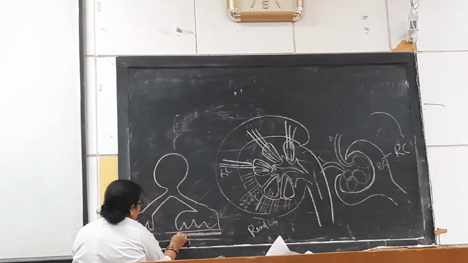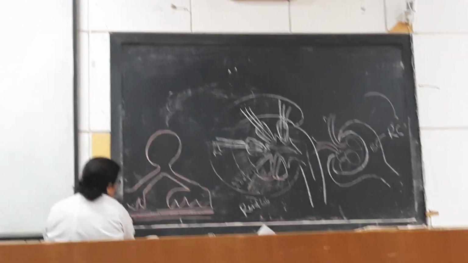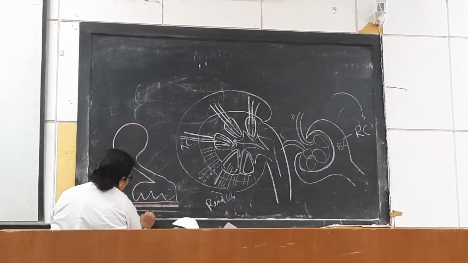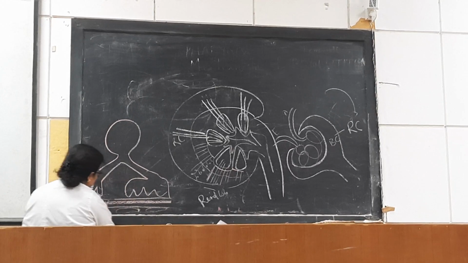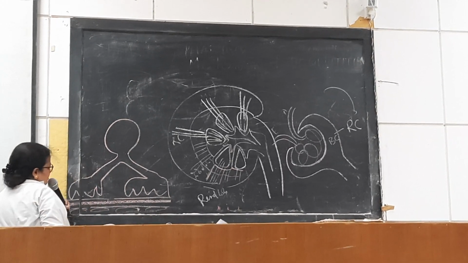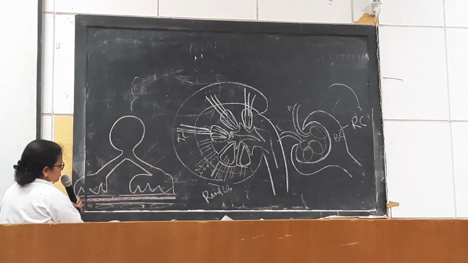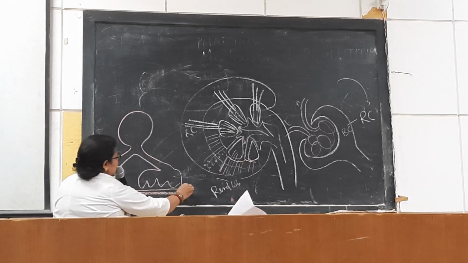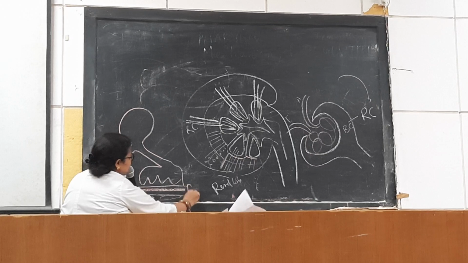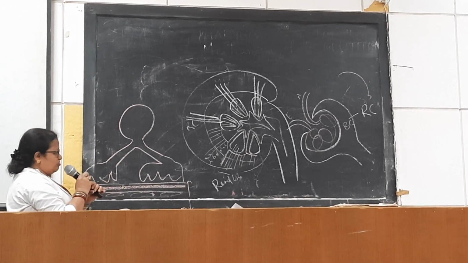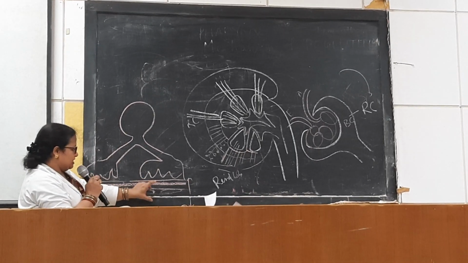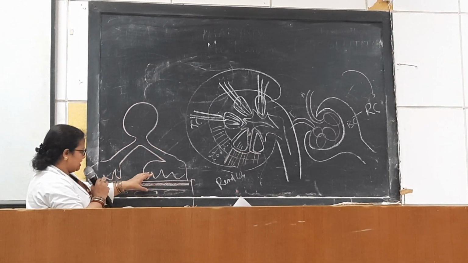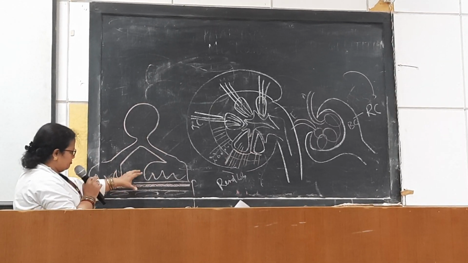The basement membrane shows three portions, and below the basement membrane are the endothelial cells. So the glomerular filtration barrier means the gap between the capillary endothelium and the foot processes.